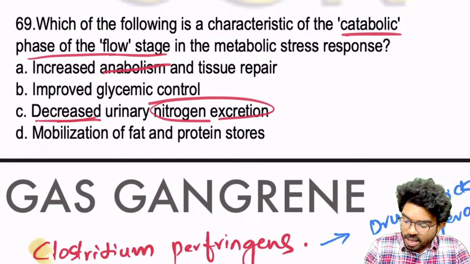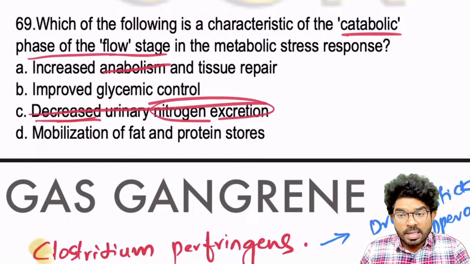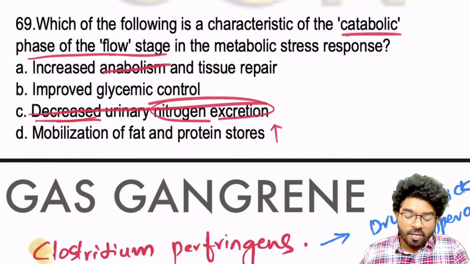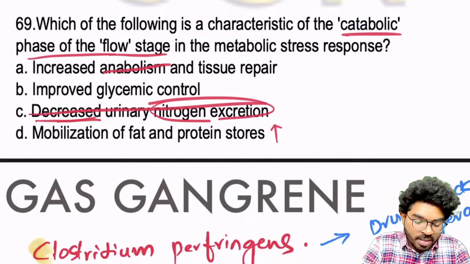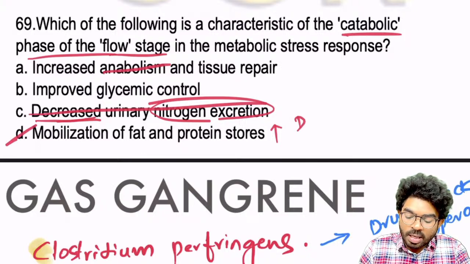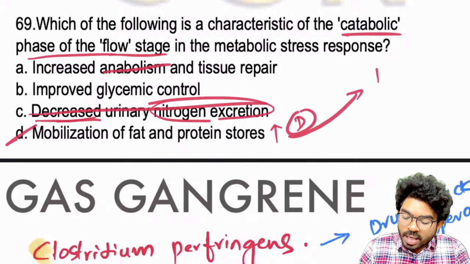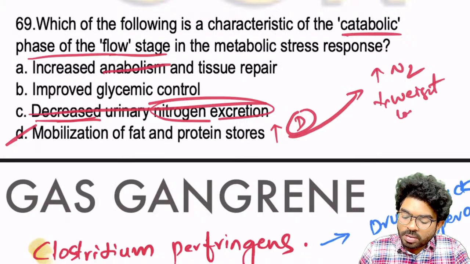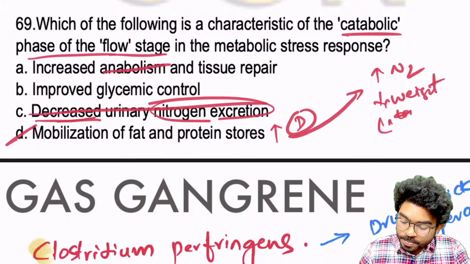This increase in nitrogen excretion is basically due to the mobilization of your fat and protein stores. That leads to an increase in the excretion of nitrogen, which leads to a decrease in the weight of the patient. So there will be weight loss in the patient.